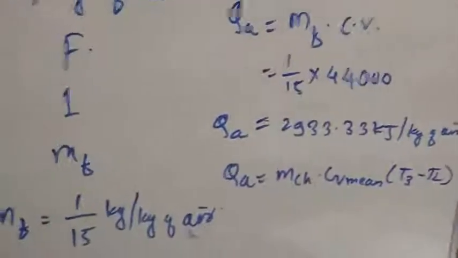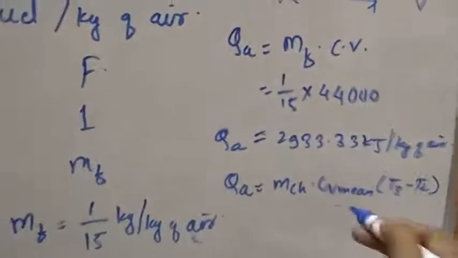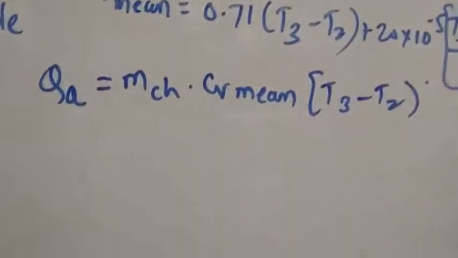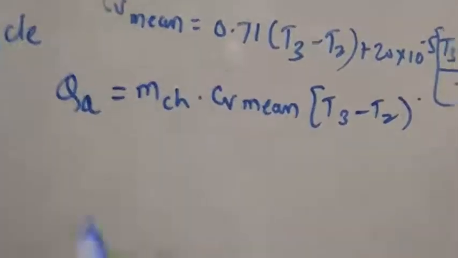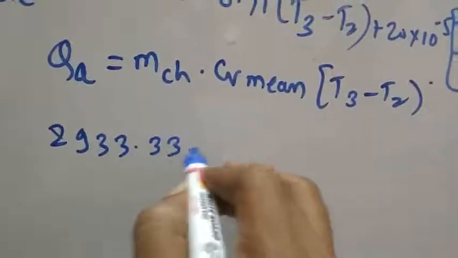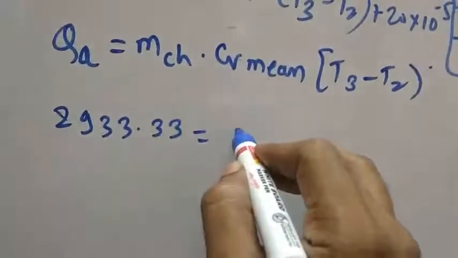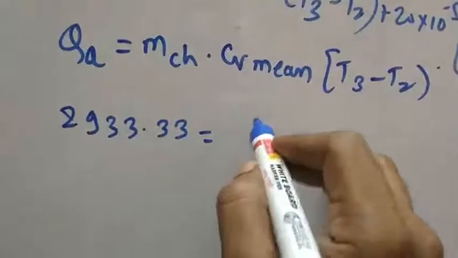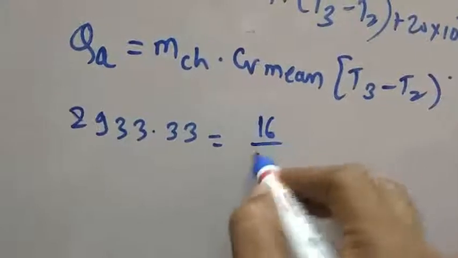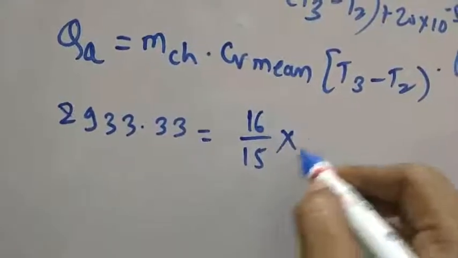So I'll put the values in this particular equation. QA is equal to MCH CV mean into T3 minus T2. So 2933.33 is equal to MCH, that is the mass of charge, which is nothing but 16 by 15, into CV mean.